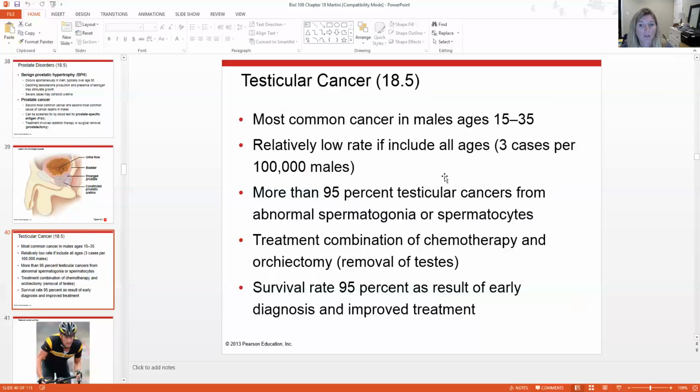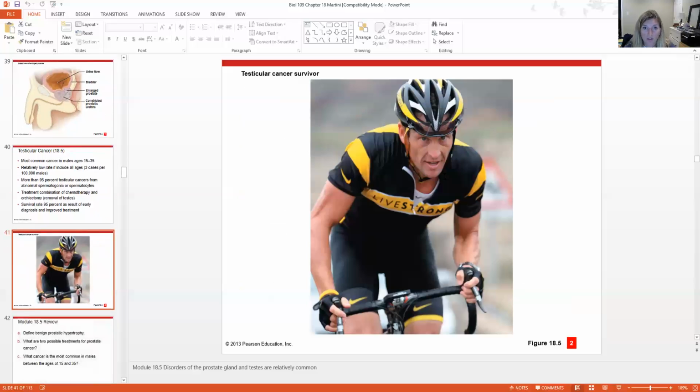More than 95% of testicular cancers are from abnormal spermatogonia or spermatocytes. Treatment can be a combination of chemotherapy or orchiectomy, which is a removal of the testes. The survival rate is 95% as long as you can diagnose it and treat it early.